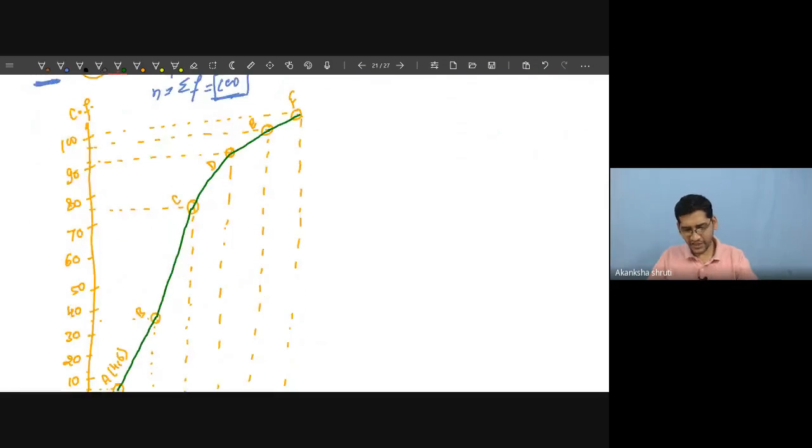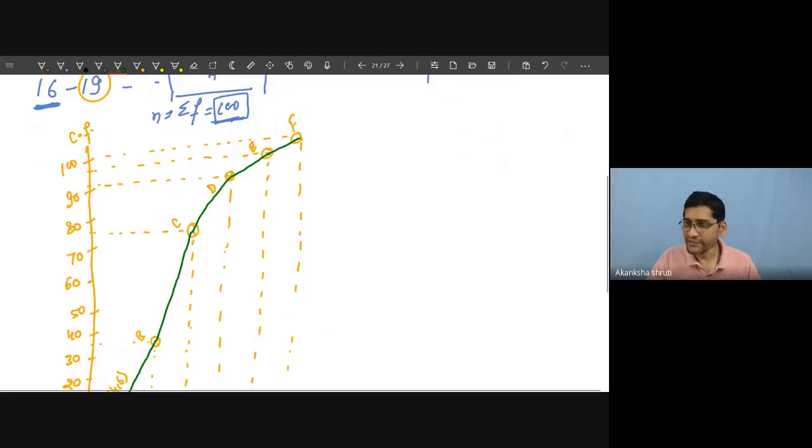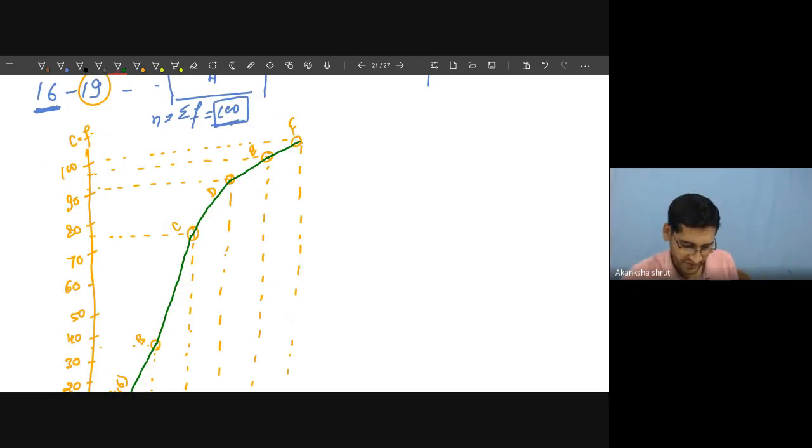So whatever curve is obtained, this curve is called Ogive. You can get it, or you have to write it here. It is for the less than type.